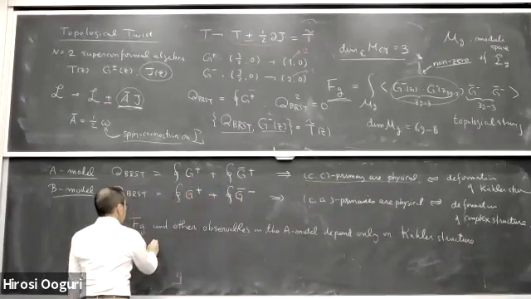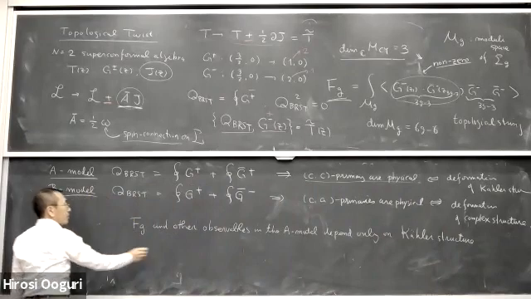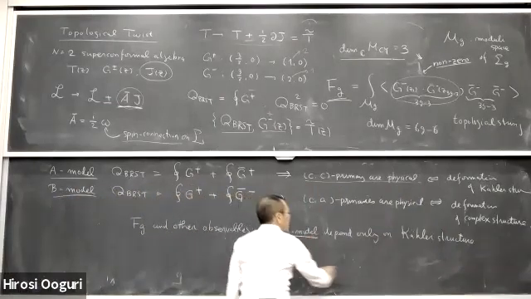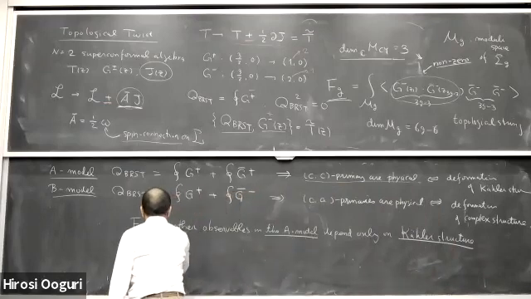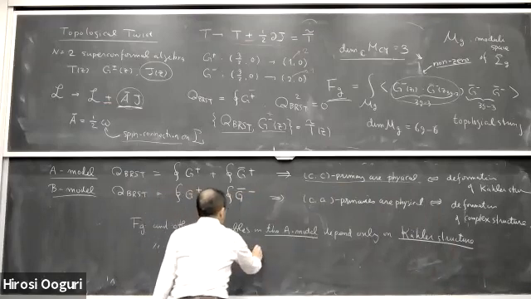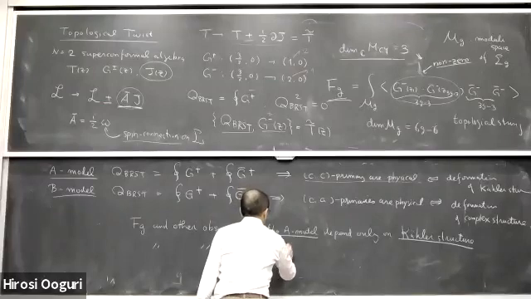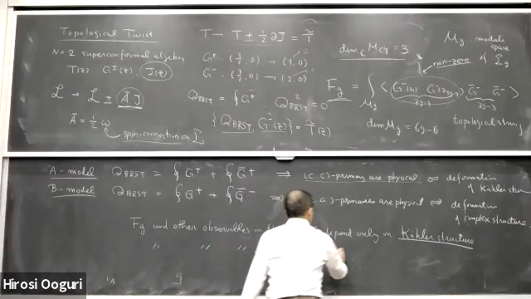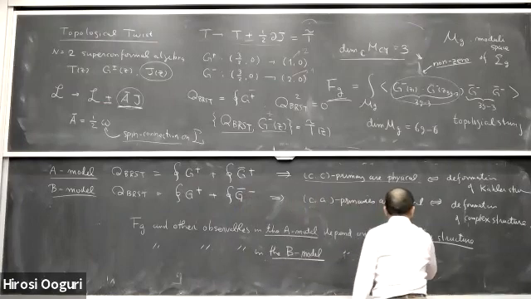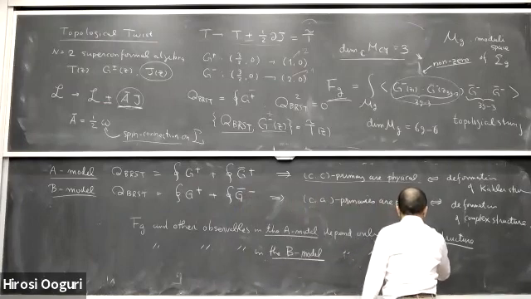And similarly, if you consider FG and other observables in the B model, then they depend only on the complex structure.